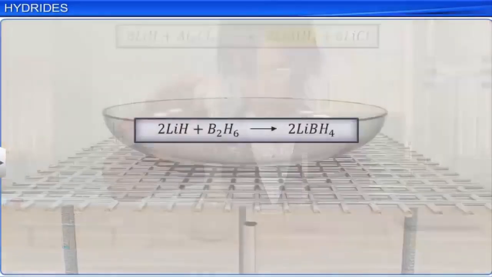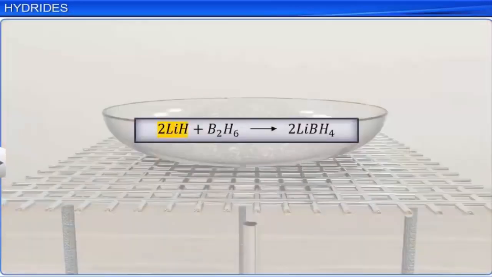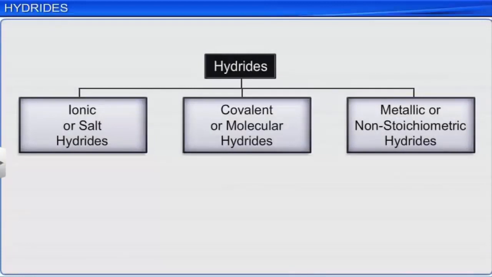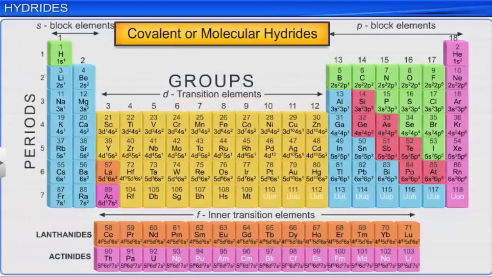Lithium hydride also reacts with boron hydride to give lithium borohydride. The second type of hydrides are covalent or molecular hydrides. Covalent or molecular hydrides are binary compounds of hydrogen with more electronegative elements, such as p-block elements.